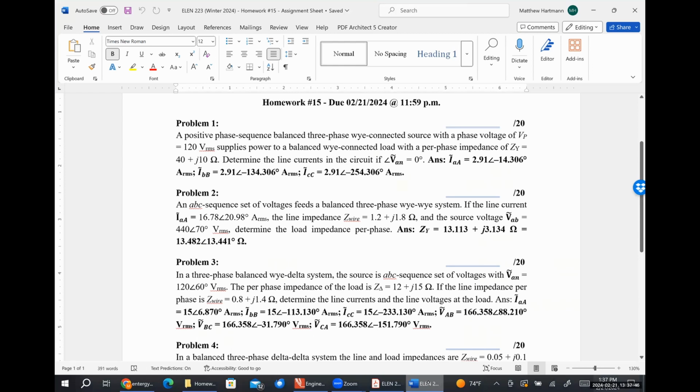Which is exactly what I got. For sure. So 88.210 minus 120 is negative 31.79. Right, I guess, yeah.